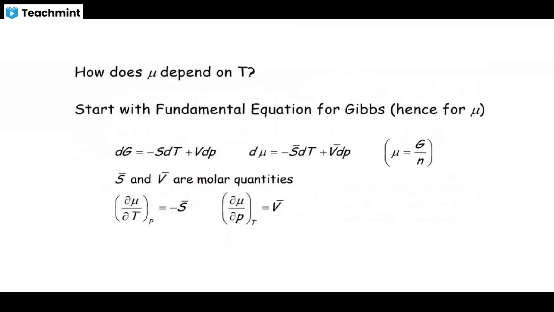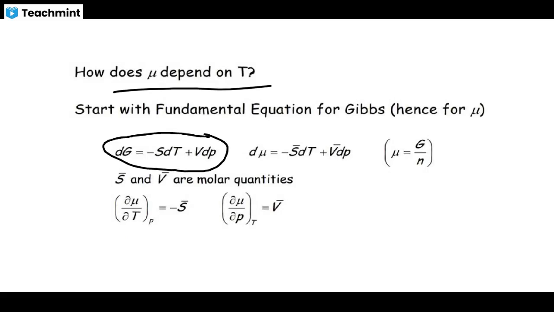Then how does the chemical potential depend on temperature? If you want some equation, always take it from the fundamental equation, and mu is nothing but the Gibbs free energy divided by the number of moles. If you divide all of these by moles, you get molar entropy and molar volume.